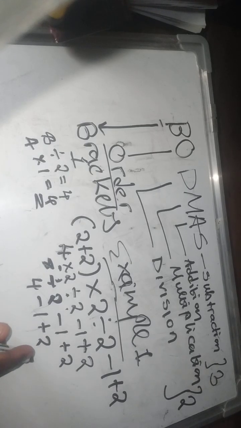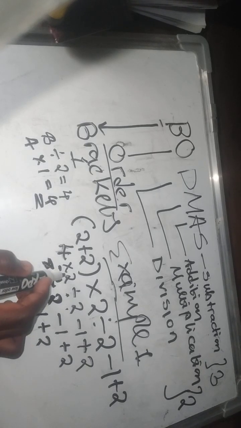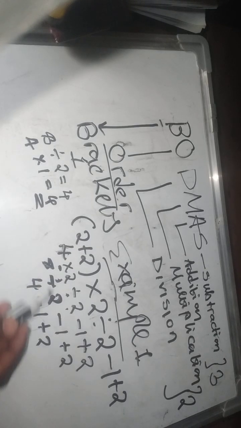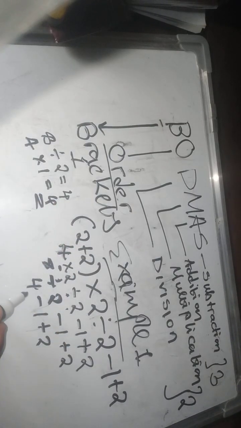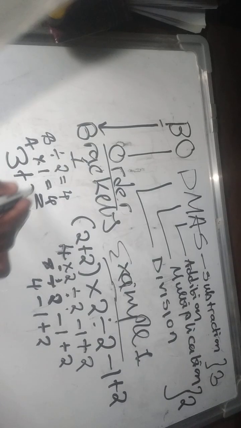Just like with multiplication and division, addition and subtraction are at the same level. So you can simply say 4 minus 1, we get 3. Then plus 2, we get 5.